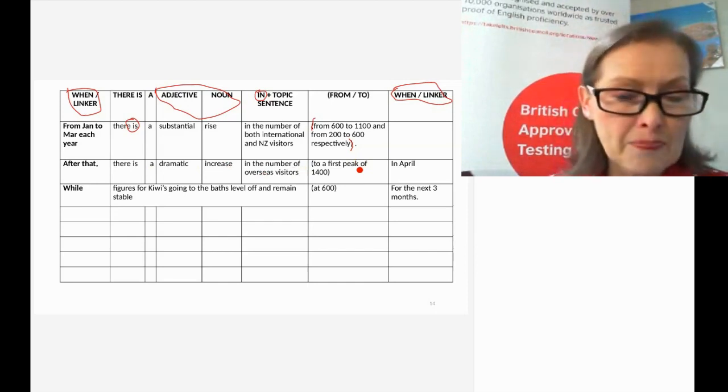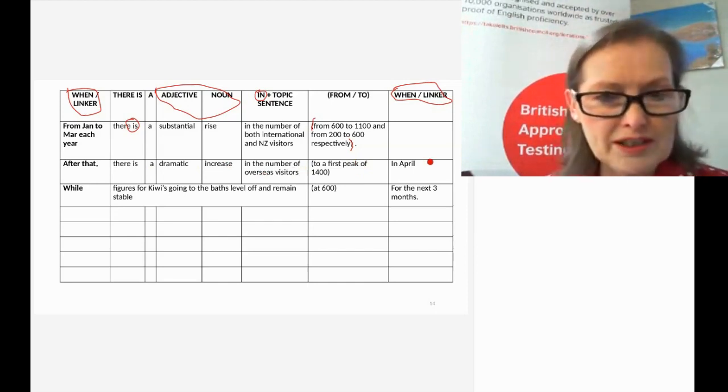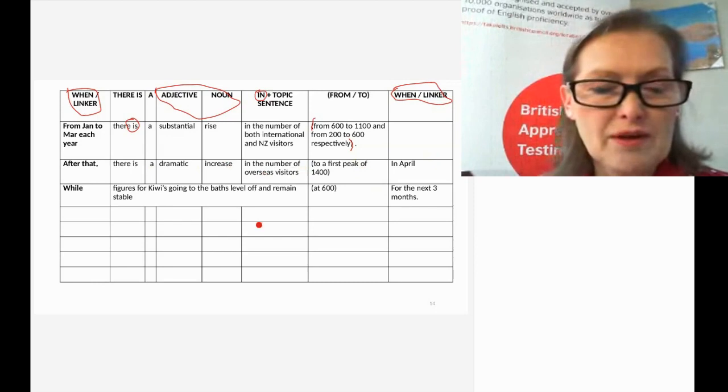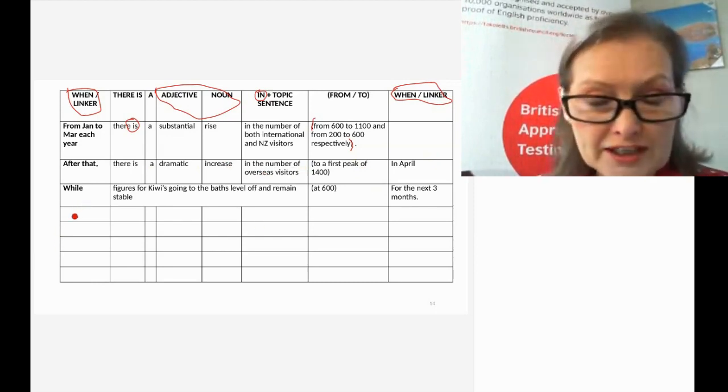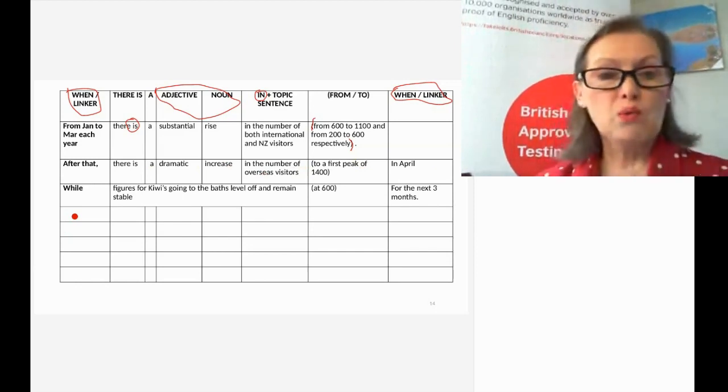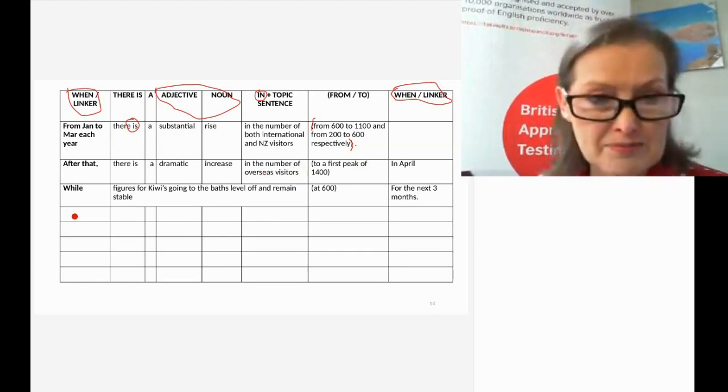While, now have a look at what's happening here, because not all the language that I gave you to talk about language of movement works in the adjective plus noun.